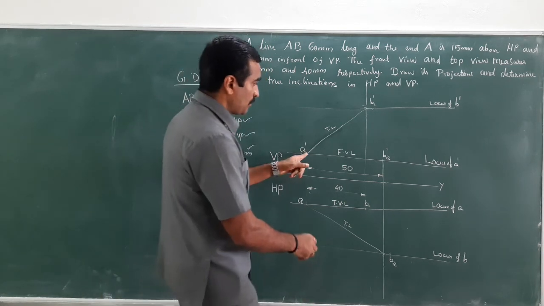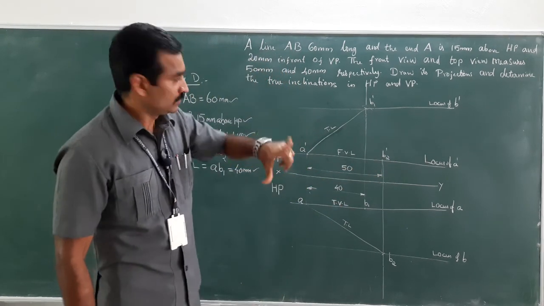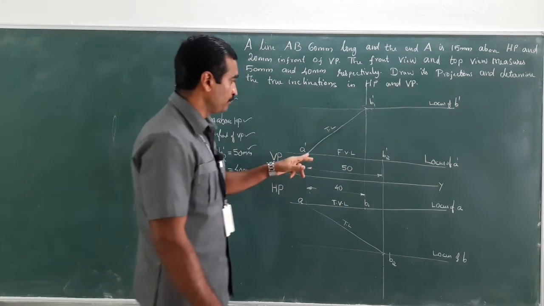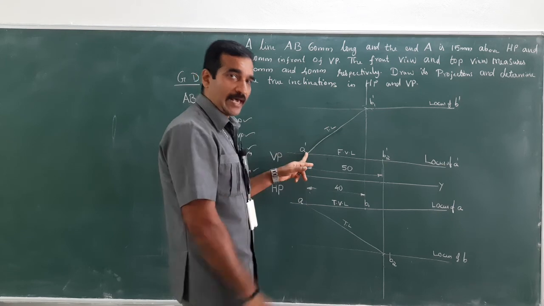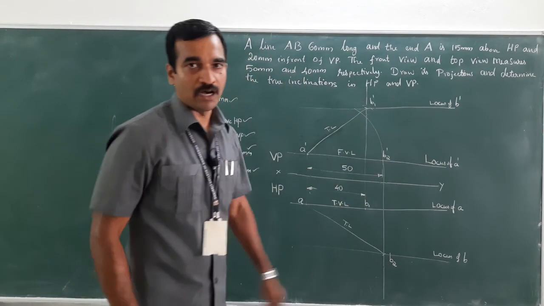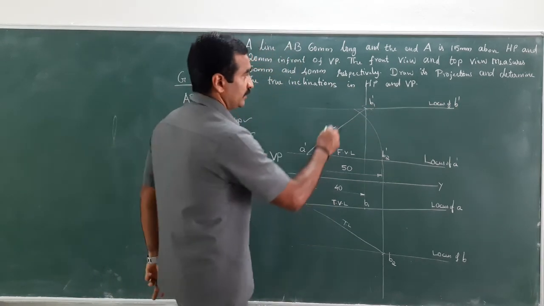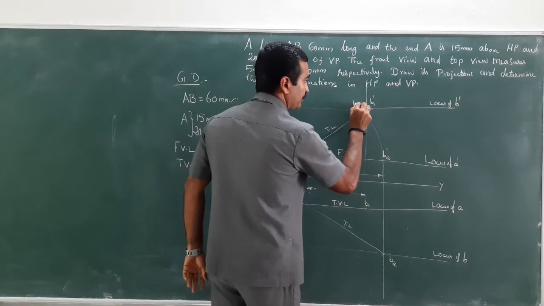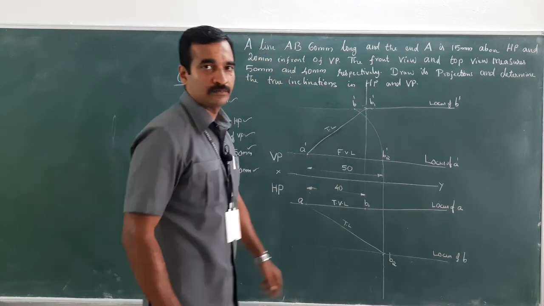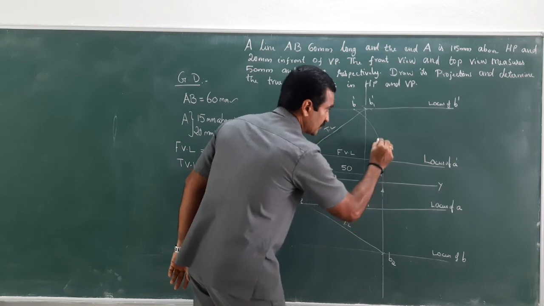Now measure the distance between A dash and B2 dash in your compass, and with A dash as center, cut an arc till it intersects the locus of B dash. This point is nothing but B dash. So the flow is coming in this manner.